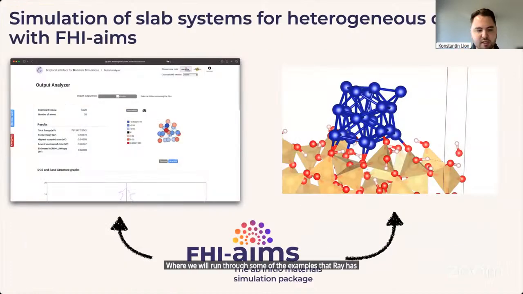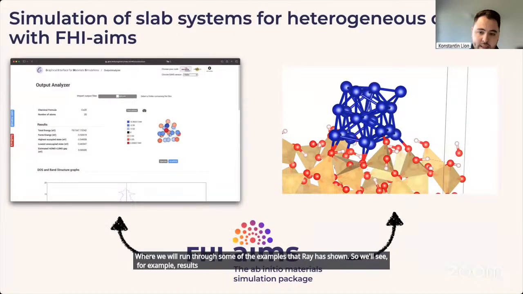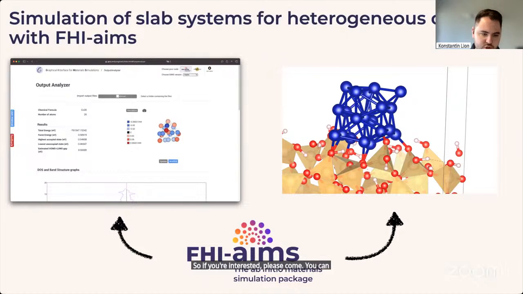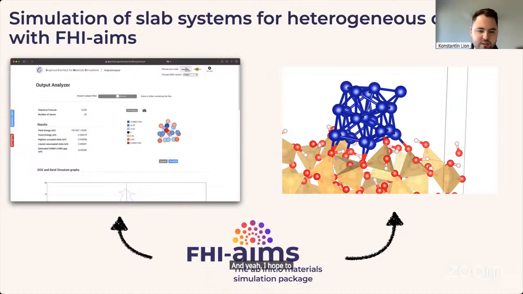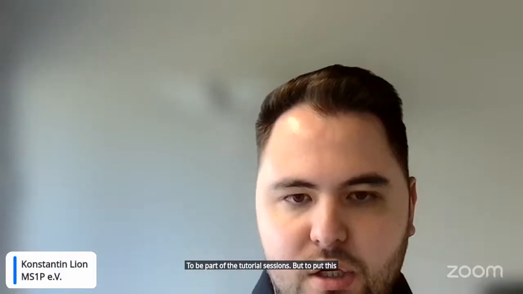So we'll see, for example, results for the cobalt cluster, how you can actually model the cobalt cluster, and, for example, here on the right side, the cobalt cluster adsorbed on the silica support. So if you're interested, please come. You can, of course, ask more questions tomorrow. I hope to see a lot of you there. You still have time to sign up. If you go back to the Indico page, you can still register to be part of the tutorial sessions.